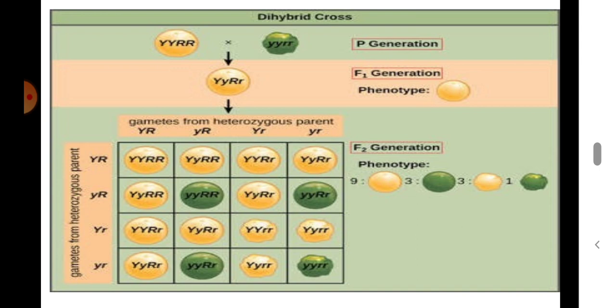4 classes of phenotypes. Of the total 16, 9 are round yellow, 3 are round green, 3 are wrinkled yellow and 1 is wrinkled green.